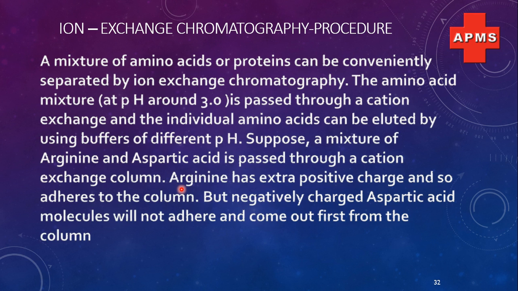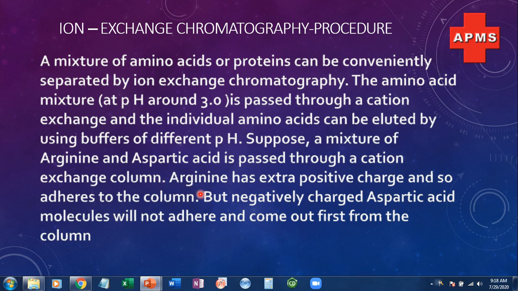But the amino groups, which are basic groups, will undergo an acid-base reaction with this acidic medium with H plus ions and become positively charged, quaternary ammonium type salts. So this arginine, which contains more nitrogen atoms, becomes more cationic compared to aspartic acid.